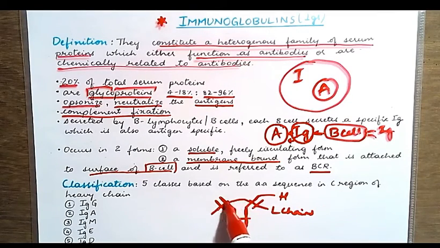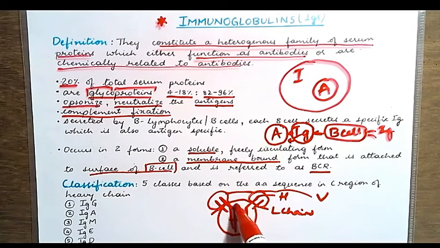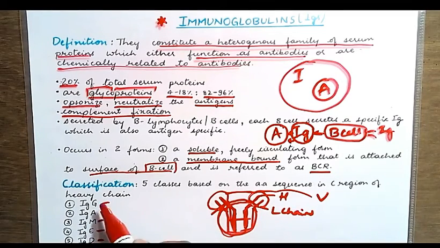These form the constant region, whereas these form the variable region. So based on the amino acid sequence in this constant region of the heavy chain, these are classified into five types, that is IgG, IgA, IgM, IgE and IgD.